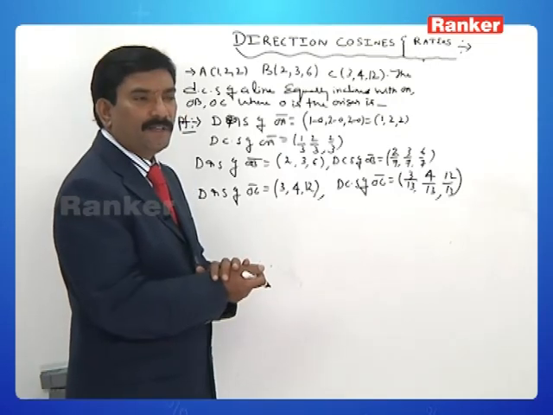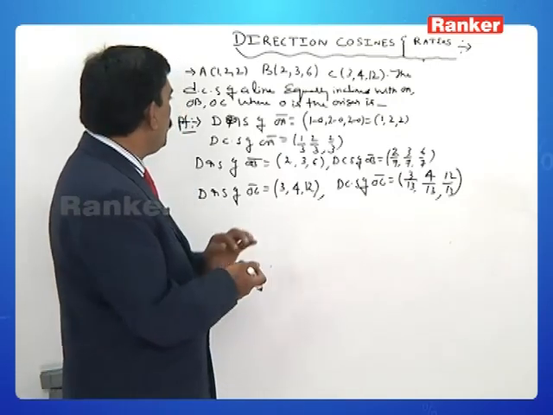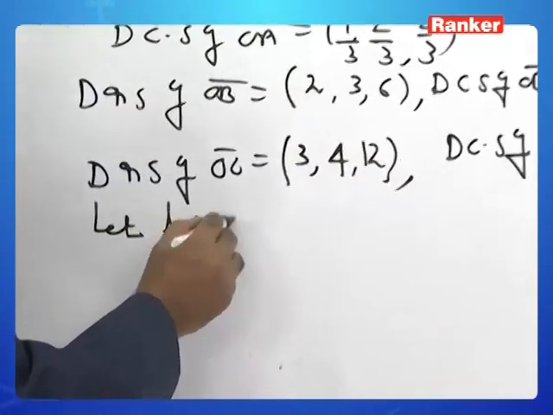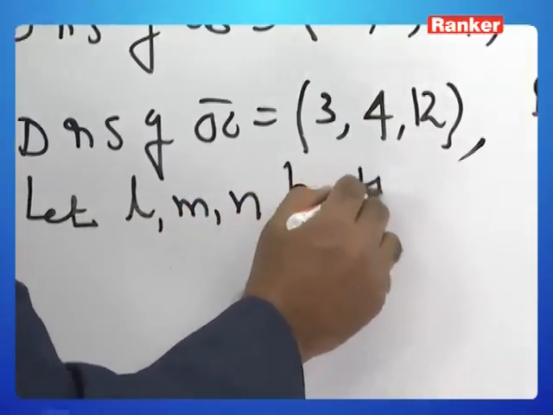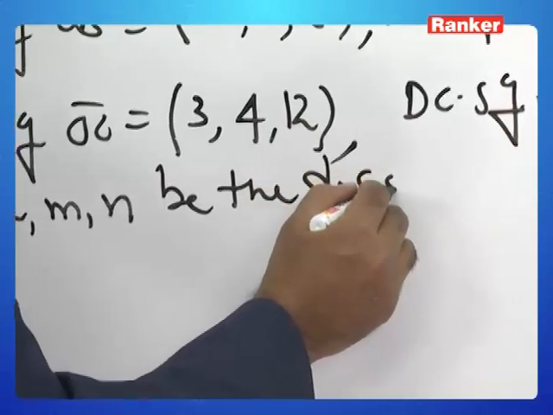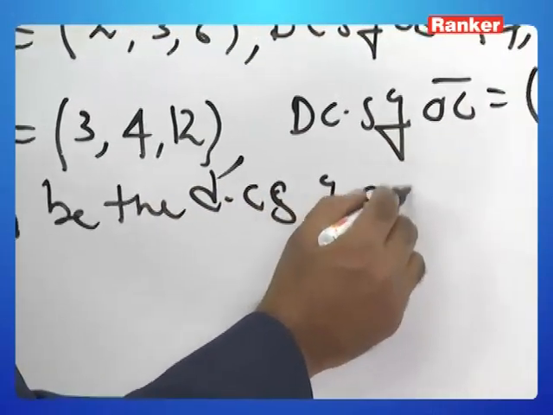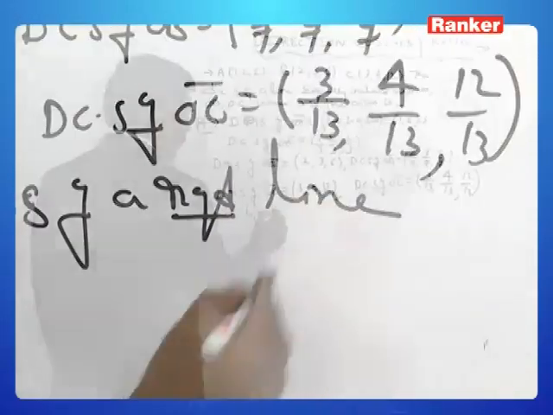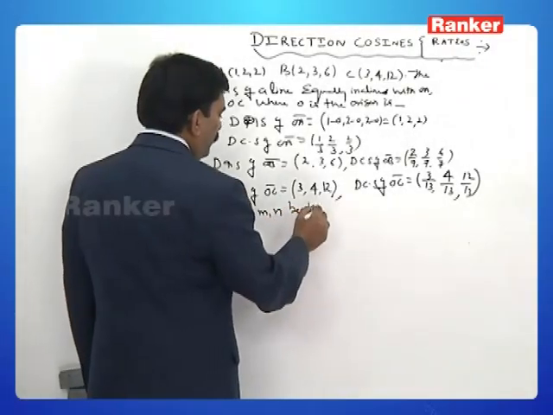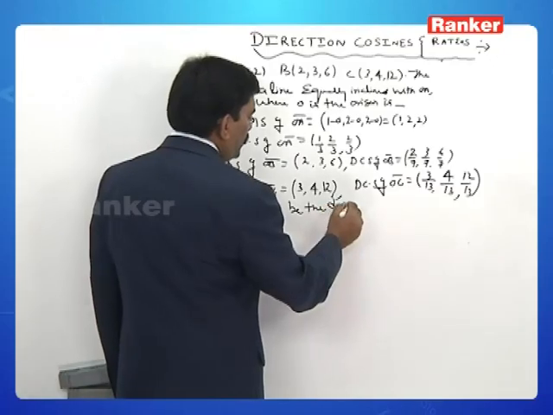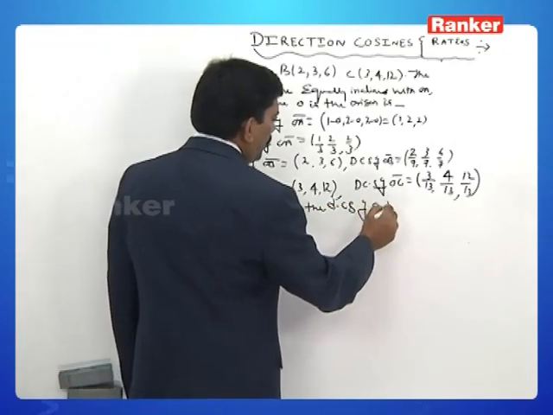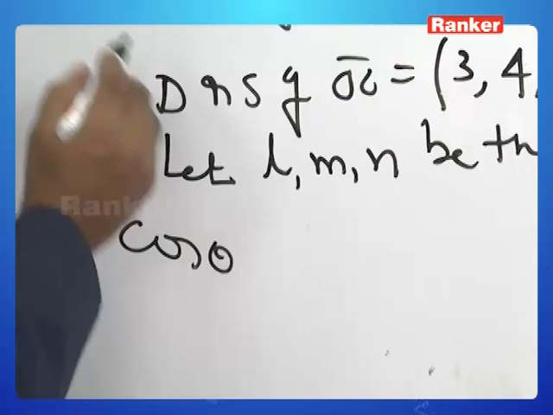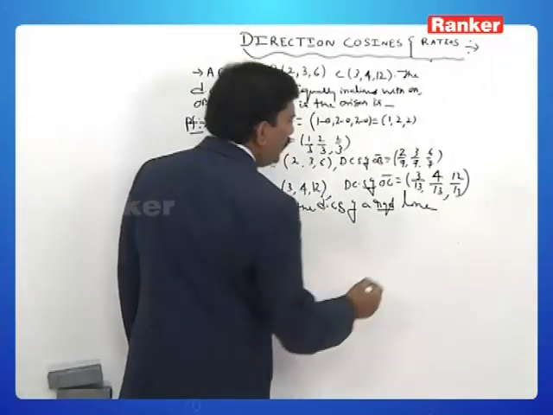Now I want to find out the DCs of a line which is equally inclined with these. Let l, m, n be the DCs of the required line.